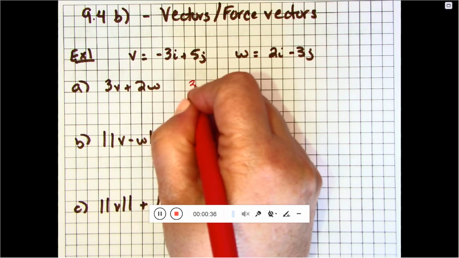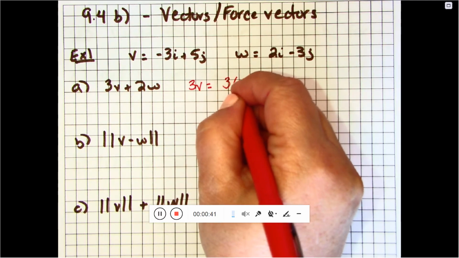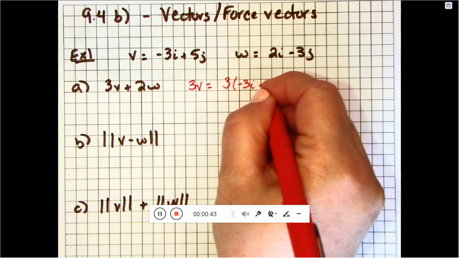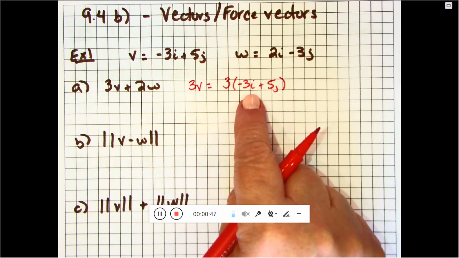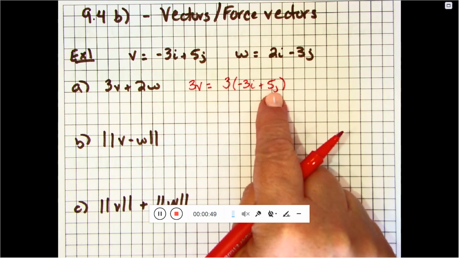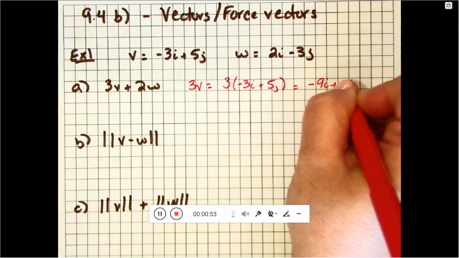So let's look at what 3 vector v is. It's simply 3 times this vector. And what you do is you simply distribute the 3. You take 3 times the horizontal component and 3 times the vertical component. So this would be negative 9i plus 15j.